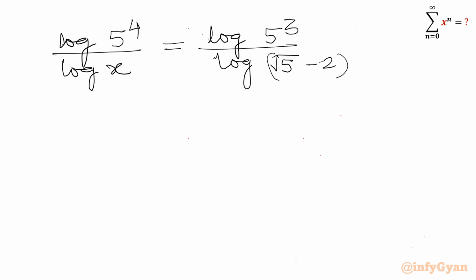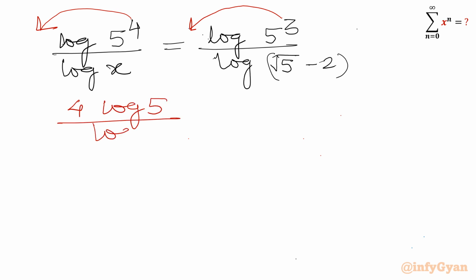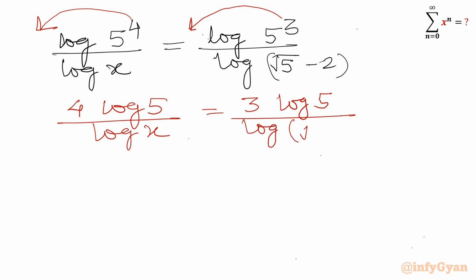Now using that property, I will take this power as a multiplier here and this power as a multiplier here. So I will be writing 4 log 5 over log x equal to 3 log 5 over log root 5 minus 2.